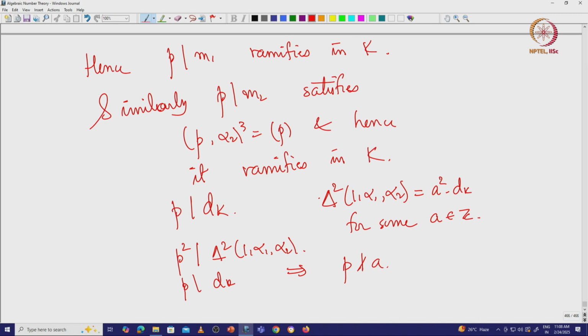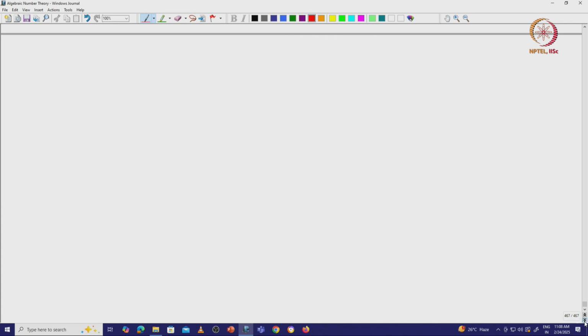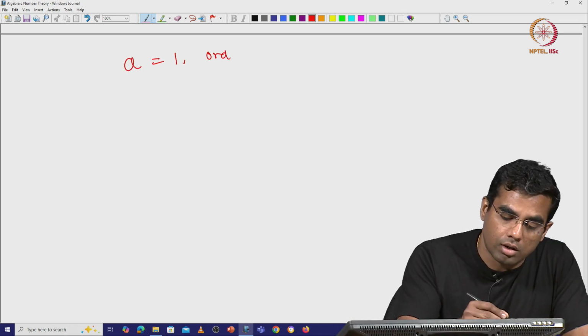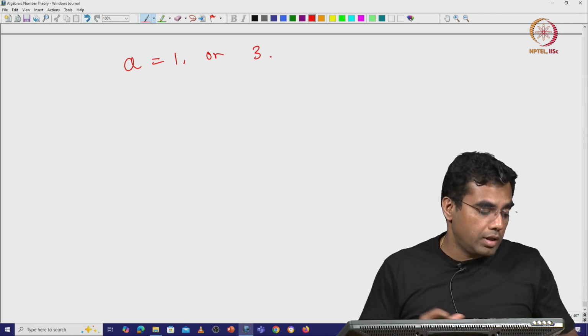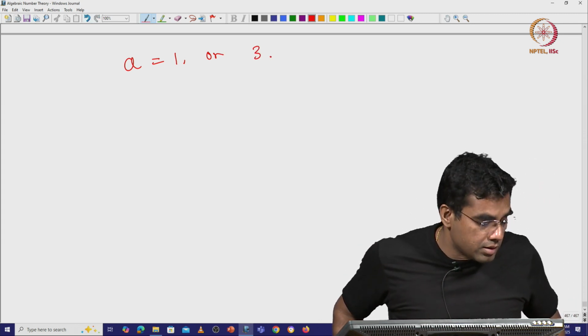Okay. So, this is for any p dividing m1 or m2, right. And so, this means that a is either 1 or 3, as the theorem says.